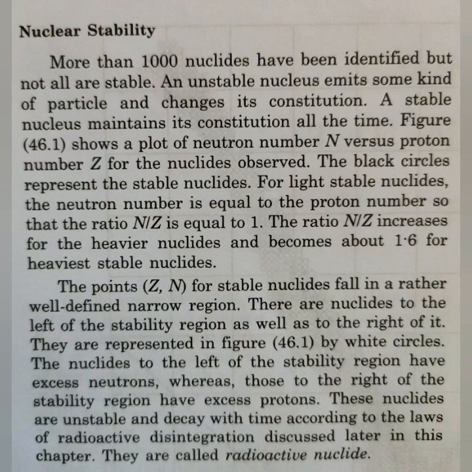For the heaviest stable nuclides, the ratio is about 1.6. As you saw in the graph, on the left side of the stable nuclides, the unstable nuclei have excess neutrons, whereas on the right side of the stable nuclides, unstable nuclides have excess protons.